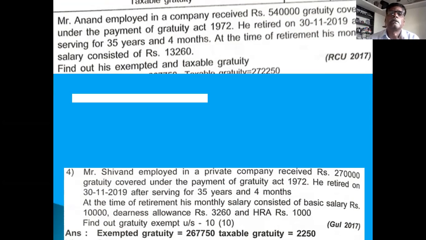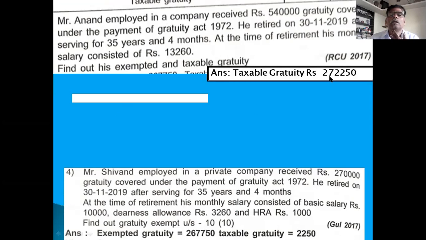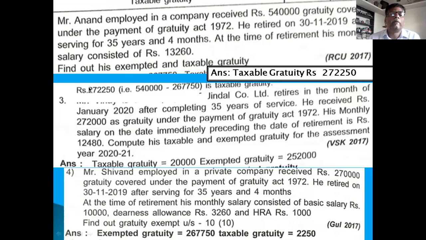So you leave 4 months, take only 35 years. Third point, and ascertain the answer. You will get the answer. Answer is 2,72,250. You calculate it. And next point, problem is third problem.